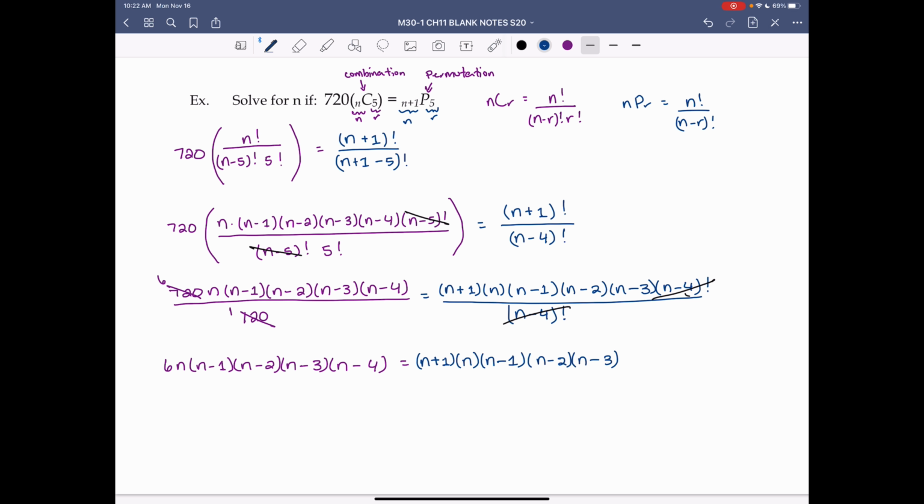And then I should see that I have common factors on each side of n minus 1, n minus 2, and n minus 3.